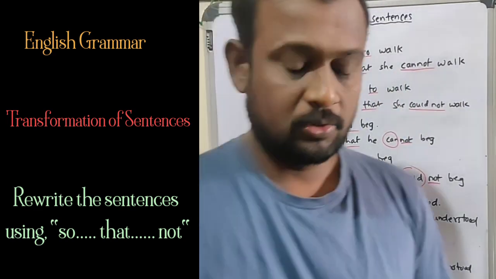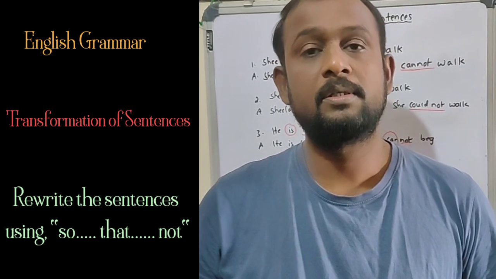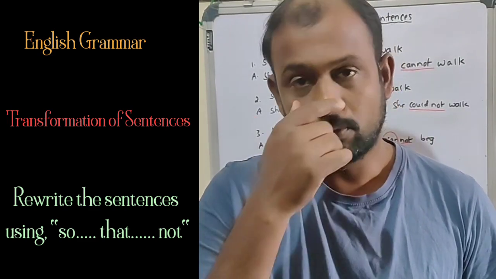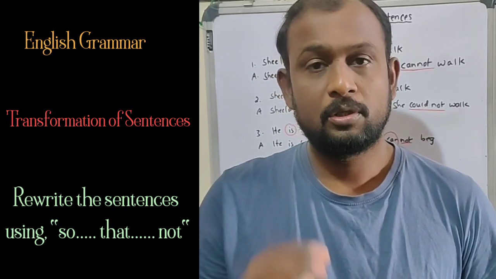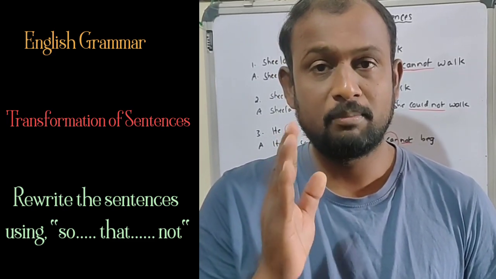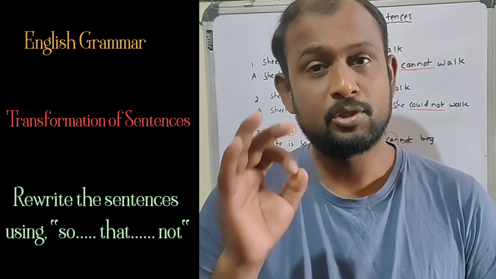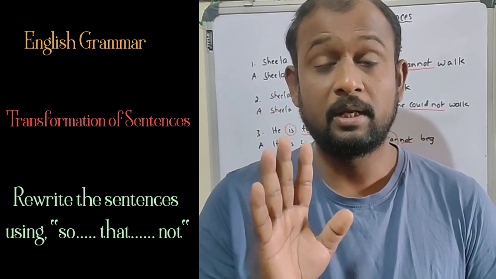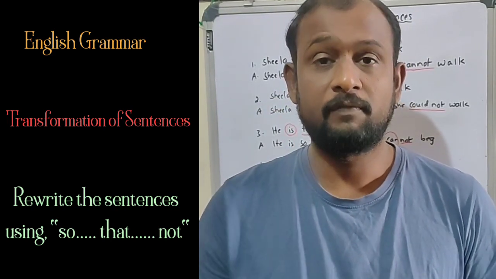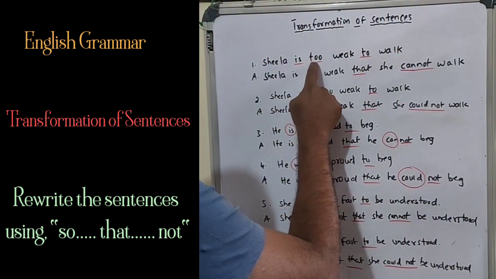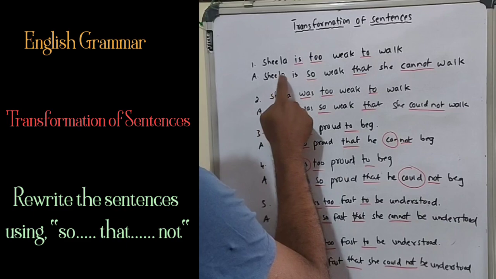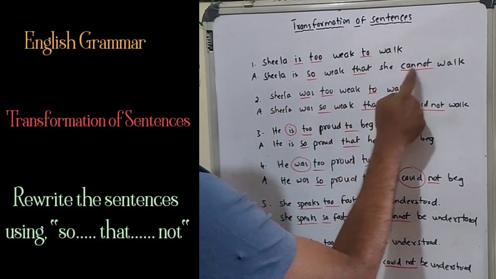Keep one thing in mind, dear students: when you transform one sentence into another form, you should not change the meaning of the statement. Meaning should remain the same, but only the grammatical structure is different. See here, Sheila is too weak to walk, and Sheila is so weak that she cannot walk.